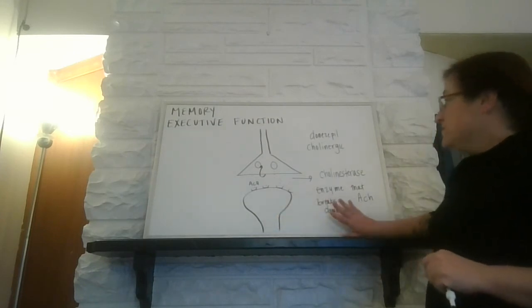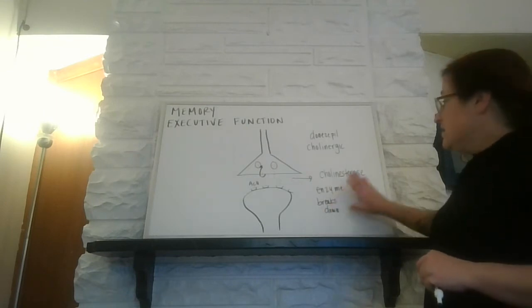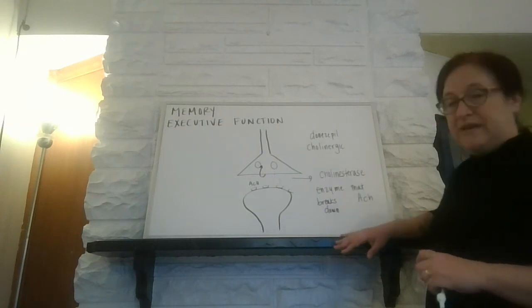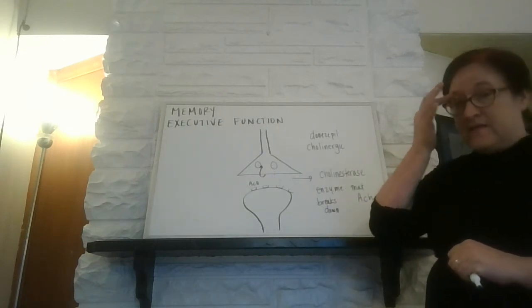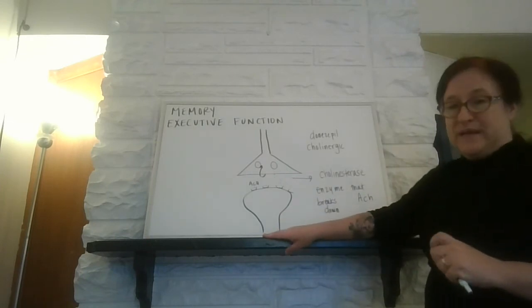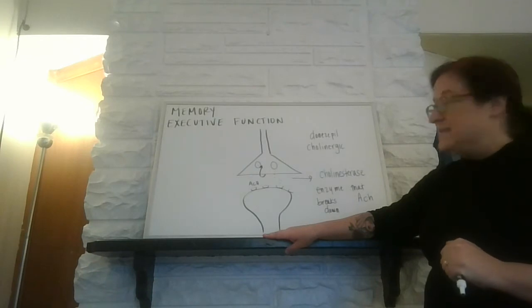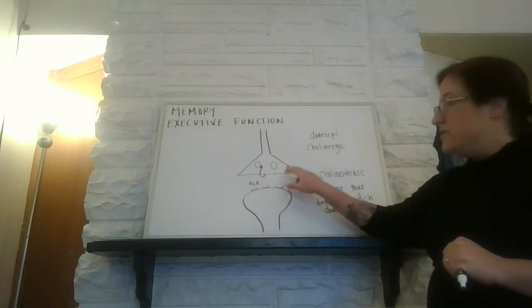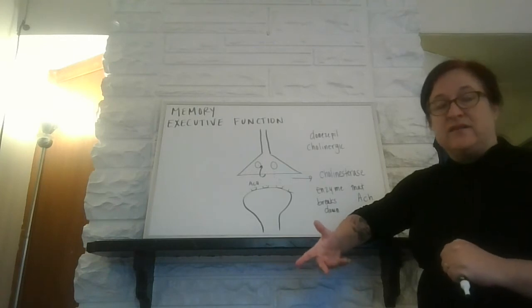So we use cholinergic medications, specifically medication that inhibits the activity of cholinesterase. So that should sound slightly familiar because pyridostigmine is a medication that inhibits cholinesterase in the synapse between the nerve and the skeletal muscle, and that's what we did to treat myasthenia gravis.